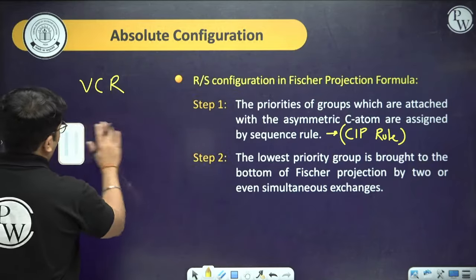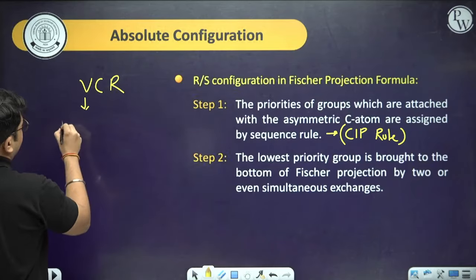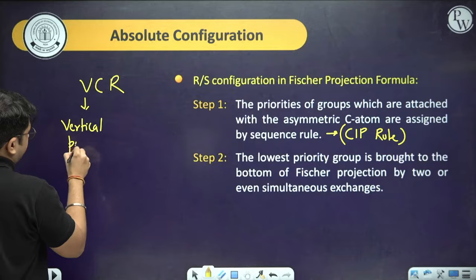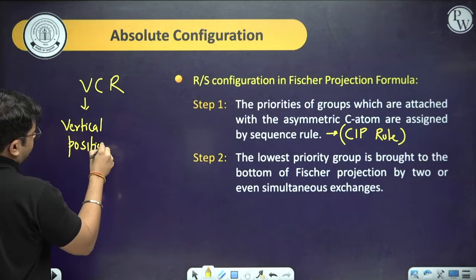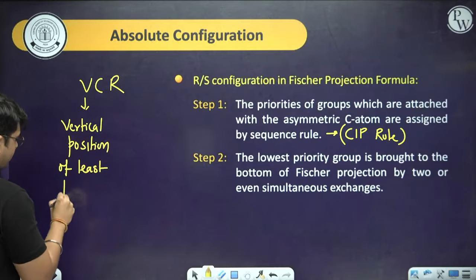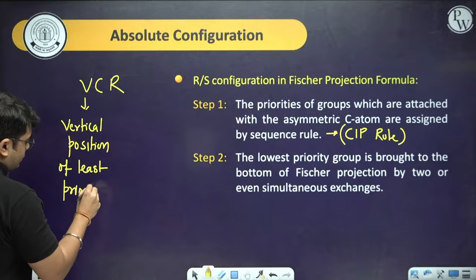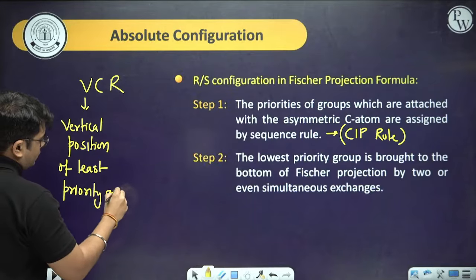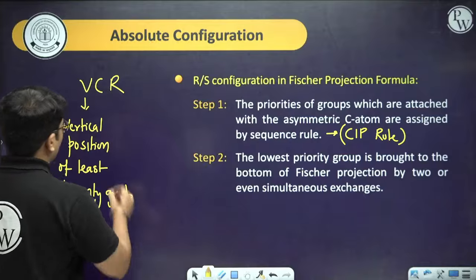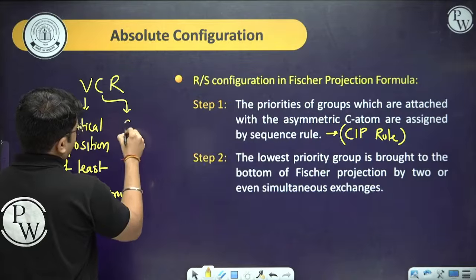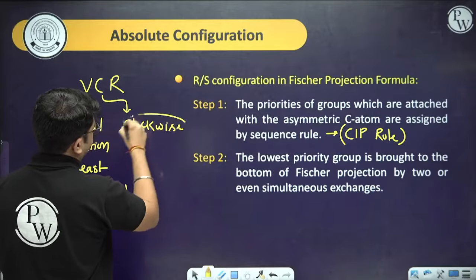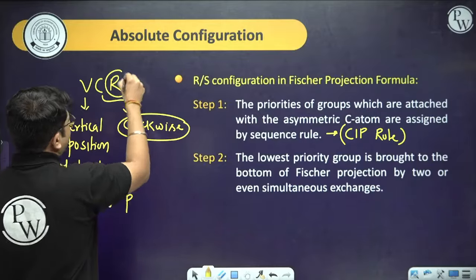First of all, V means vertical position of least priority group, and the rotation in this case is clockwise. Let's say it is clockwise, then configuration will be R.